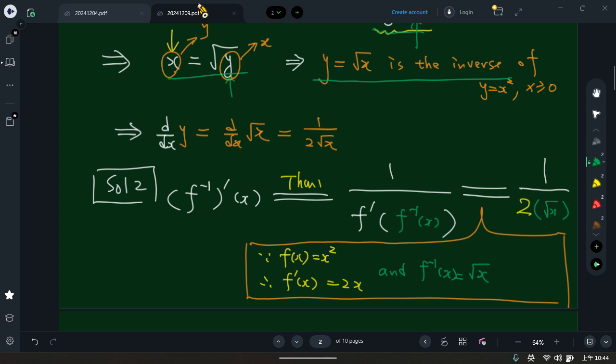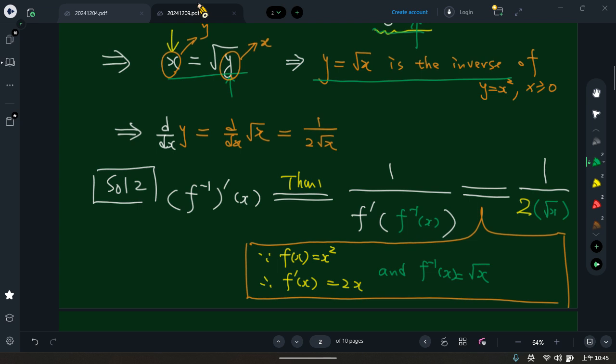let me just show you. F prime of something, right? So please just hide this one first. F is the original function. We just try to get its derivative first. So f of x is defined as x squared.